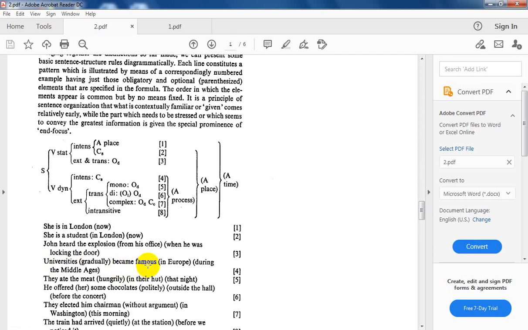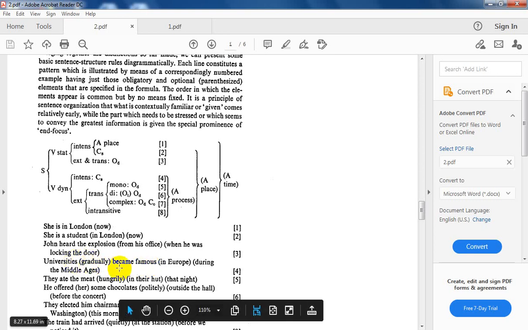Of course, keep in mind that the verb became is a linking verb, a copula verb, but it is dynamic. Why dynamic? Because there is some change in condition. They were not famous, then they became famous, for example. So the verb became is dynamic but intensive, because I have famous as the subject complement.